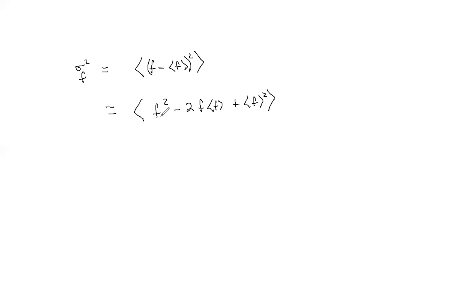Since averaging is just computing sums, which are linear, you can distribute this. So this becomes the average of f squared in the first term, minus 2 times the average of f times the average of f, plus the average of f squared.